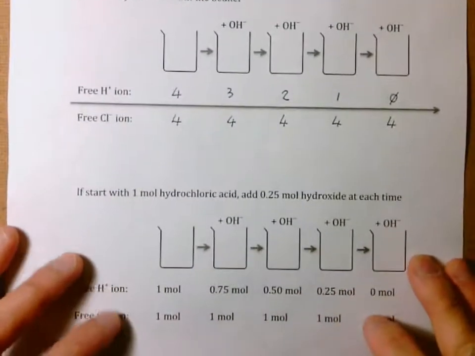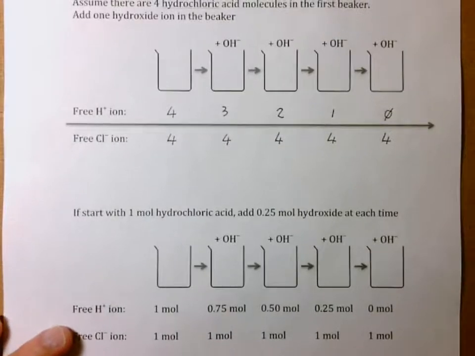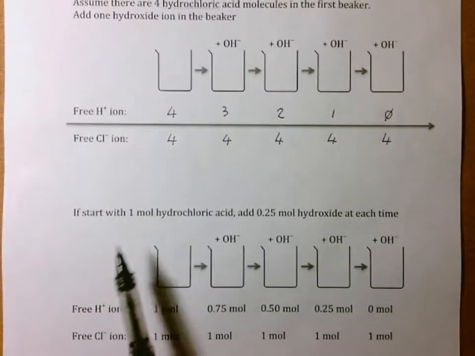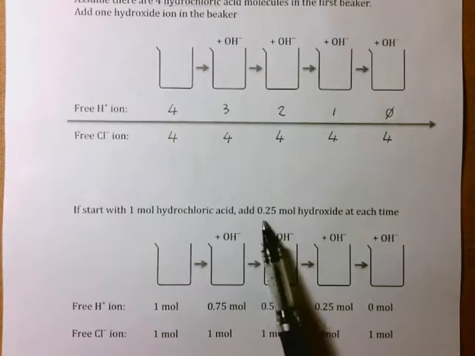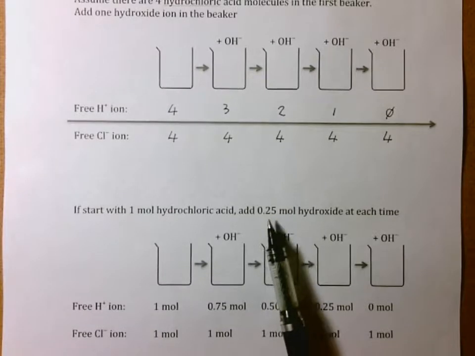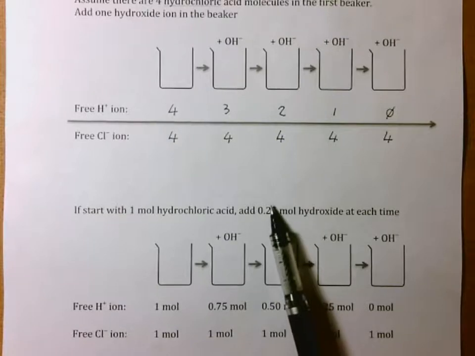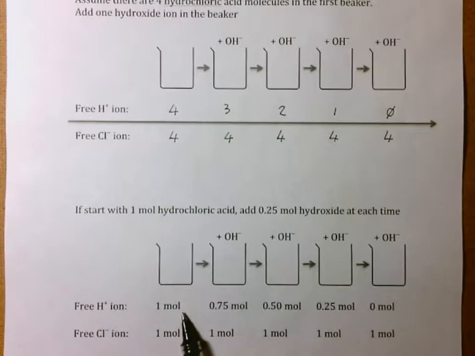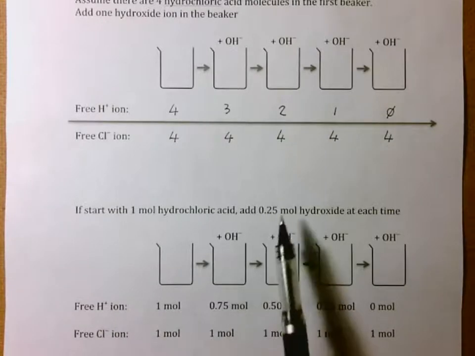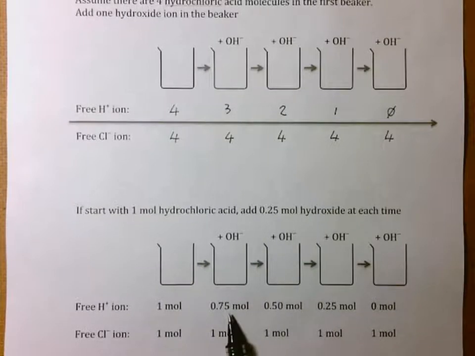Well, if I use mole, so if I assume it's 1 mole, so I got 100%. 0.25 is a quarter of a mole, or you can look at it as a 25% ratio. If I add this amount, the amount of H plus will reduce because hydroxide, whatever you add, is going to react with H plus.